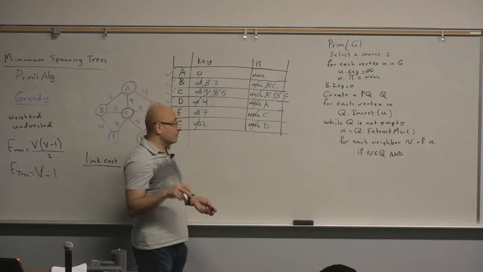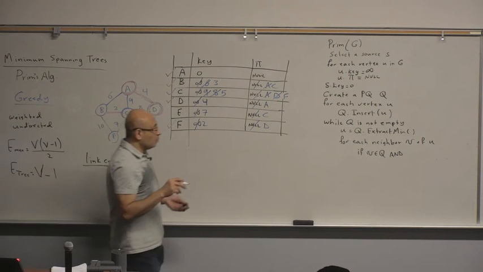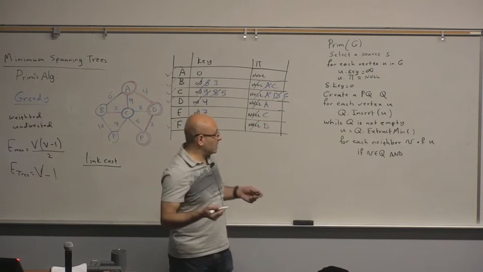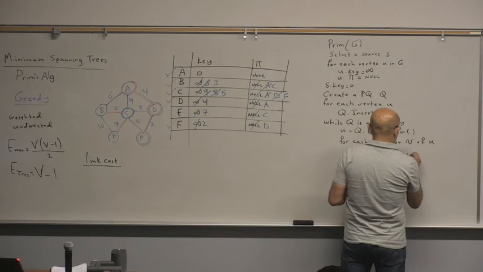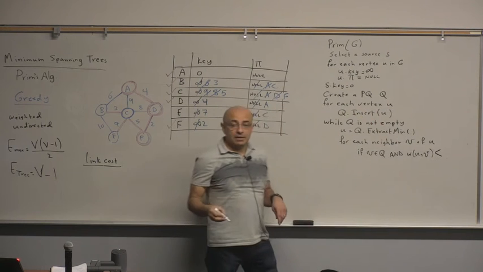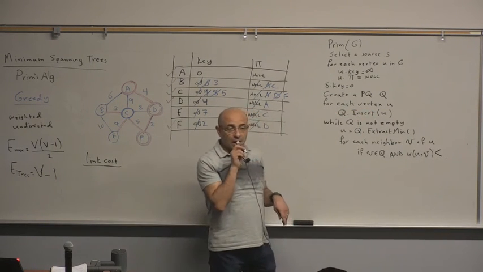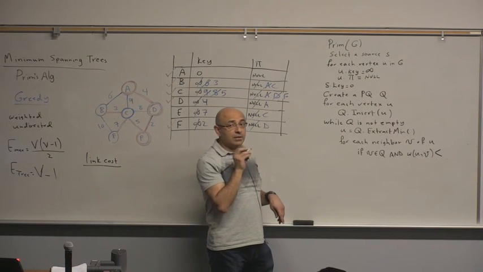What were we comparing? So we were comparing the current link weight with the best. Okay, so the weight of the edge UV. So if weight of edge UV is better than the current key of V. We're checking on the neighbors.